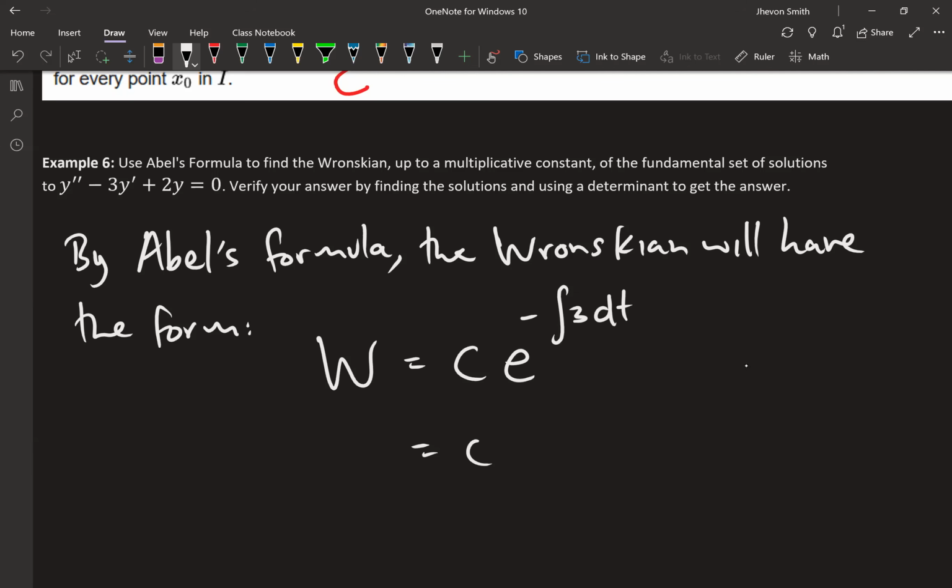So the Wronskian should look like e to the minus 3t times some constant. Boom, Abel's theorem tells me what the Wronskian is going to look like in 2 seconds, right?